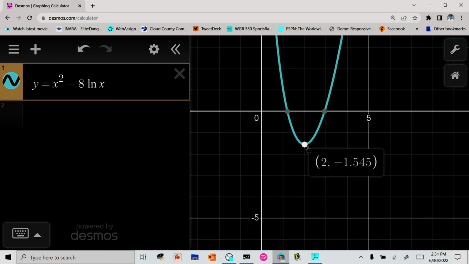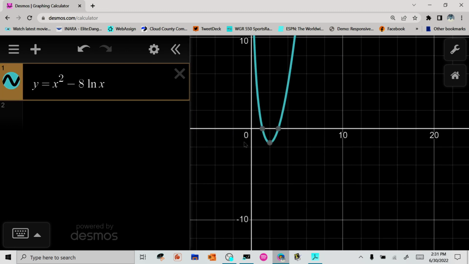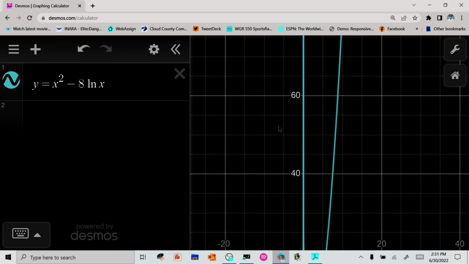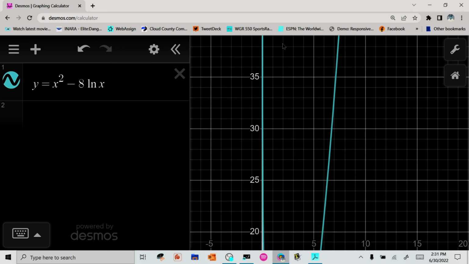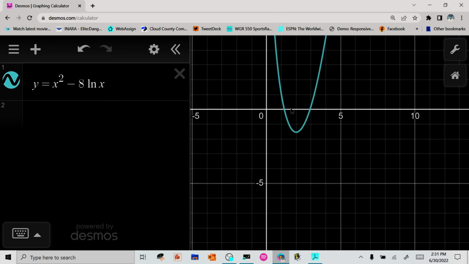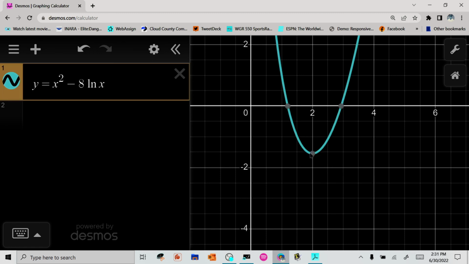The minimum is going to be at x equal to positive 2, and you can see that there is nothing to the left of this axis. It just gets really, really close. So that minus 2 just doesn't even exist. So it's positive 2, and the y value is 4 minus 8 natural log 2, which is about minus 1.545. So that's how you go about doing that problem.